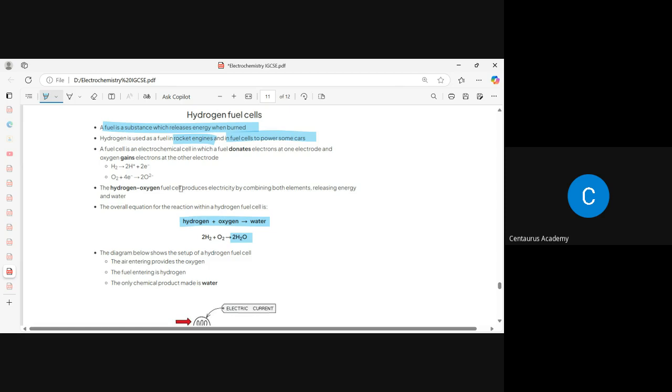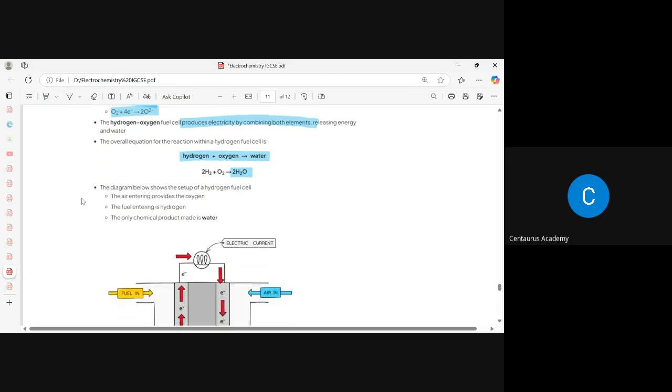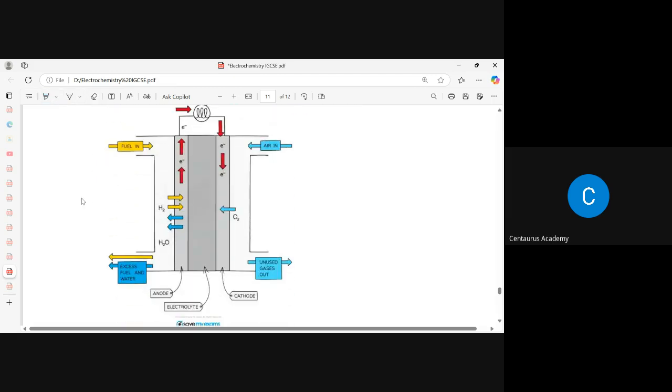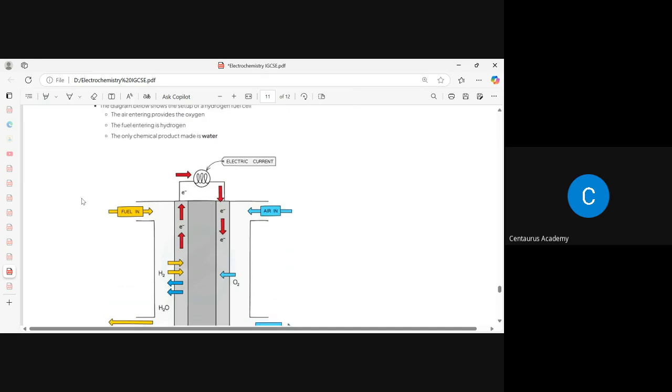So this hydrogen fuel cell produces energy and electricity by combining both of these elements. The reactions which take place at the cathode and at the anode: hydrogen produces hydrogen ions, and oxygen produces oxide ions. Both of them react and produce water as a result.